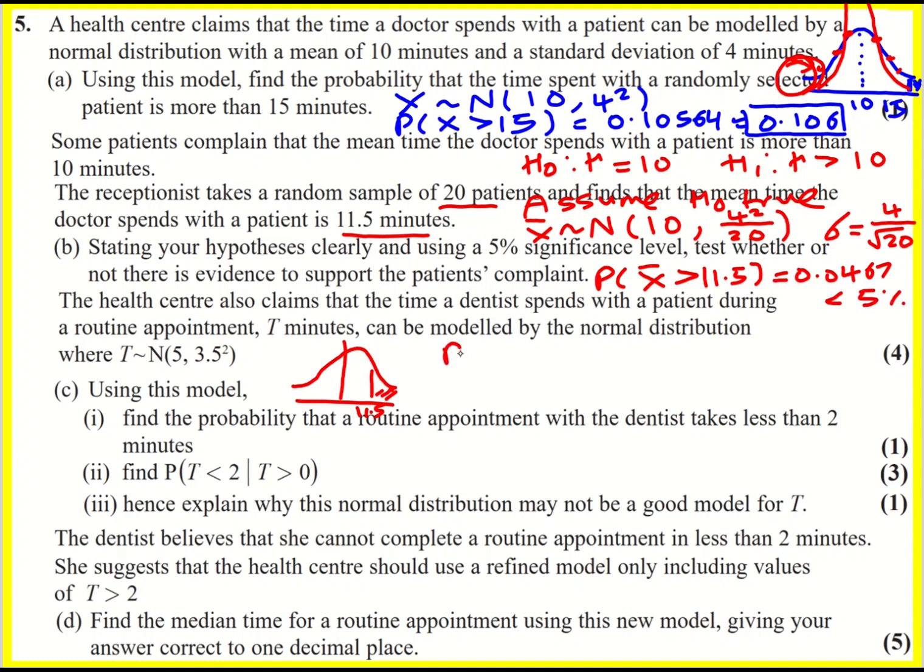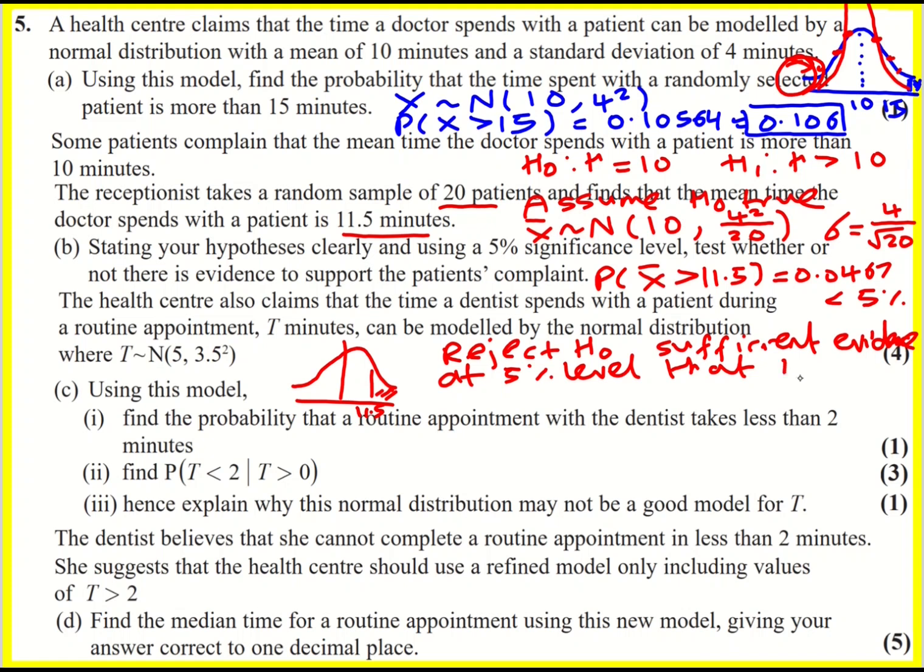This means we're going to reject H0, and there is sufficient evidence at the 5% level that the patient's complaint should be upheld, or that the mean is above 10.